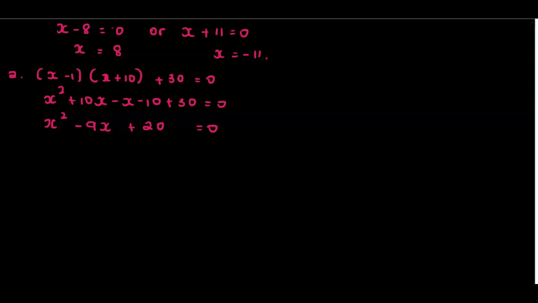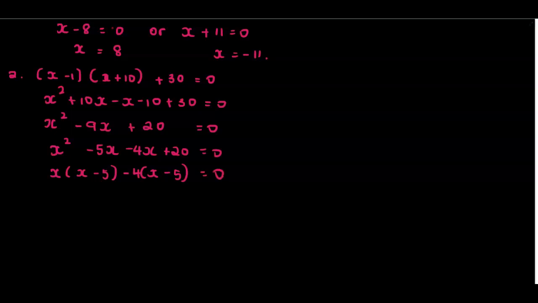So the factors of 20 that will give you 9 is 5 and 4. So you're going to get x squared minus 5x minus 4x plus 20 is equal to 0. So you're going to get x into x minus 5, x minus 5, and this should get negative 4 here is equal to 0.